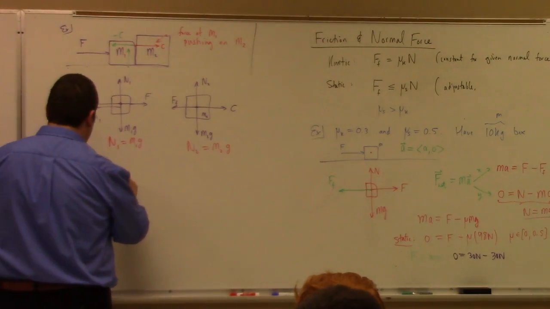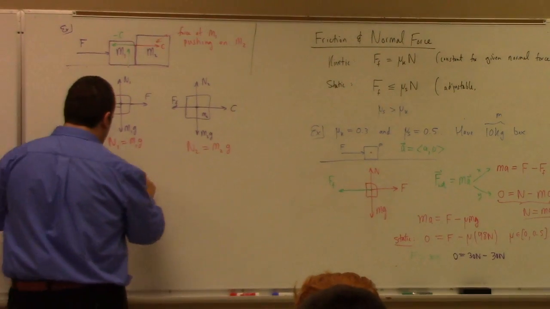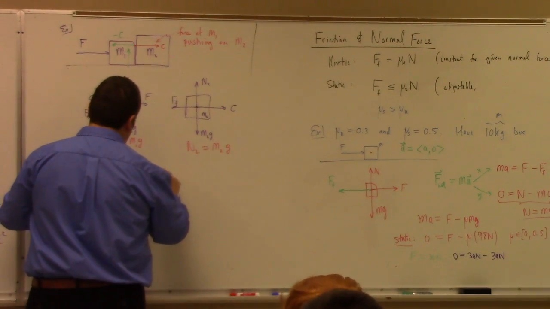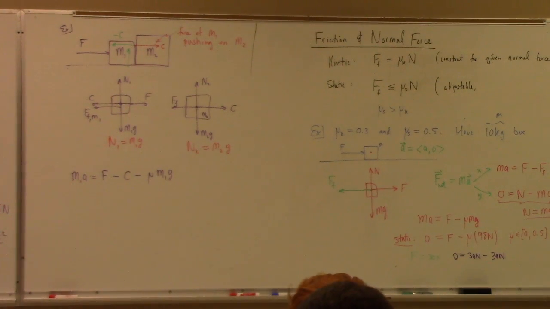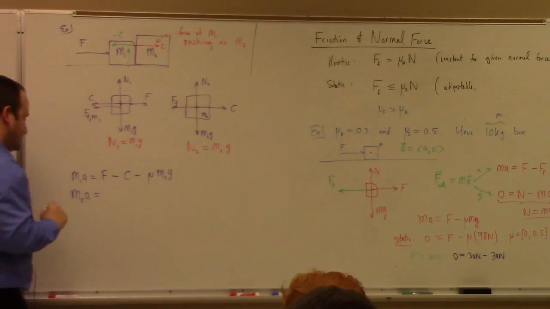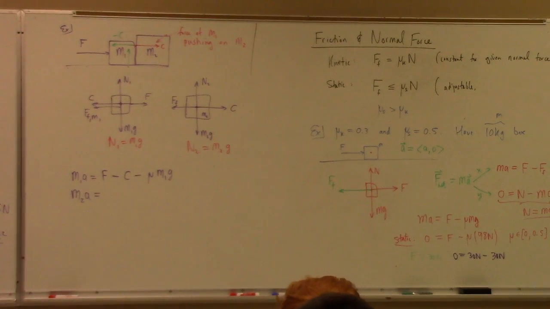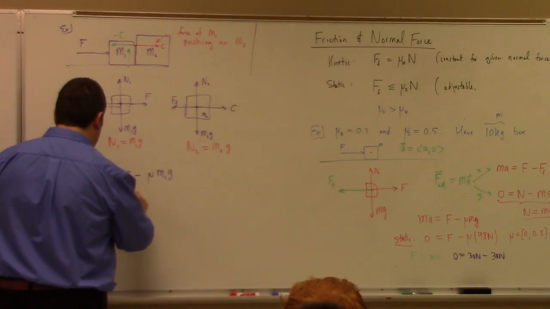I'm subtracting the contact force, and I'm also subtracting mu M1G, because that's the force of friction. Now M2, what's the deal? No direct pushing force this time, but we do have the contact force, right? And then minus mu M2G.